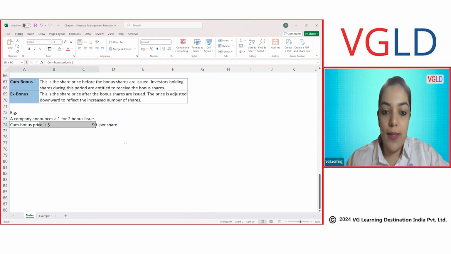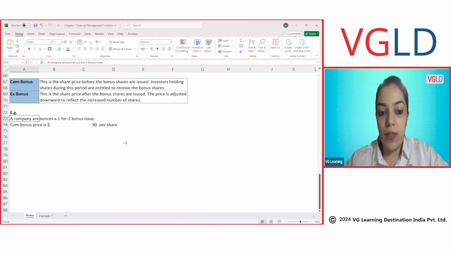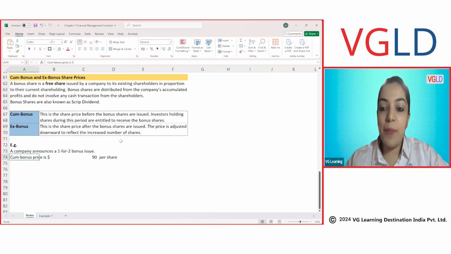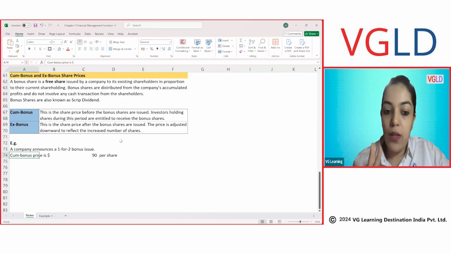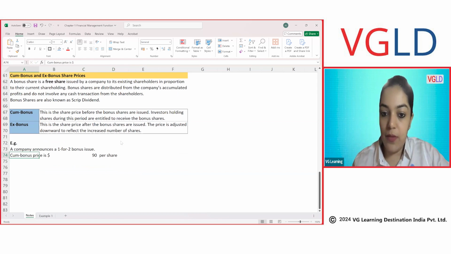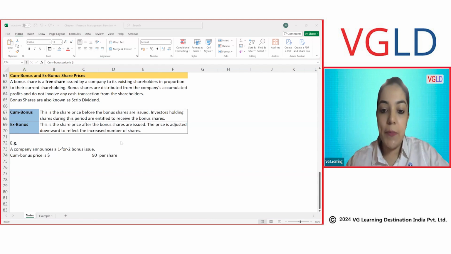So this is $90 and the company is announcing a 1-for-2 bonus share. It means that for every 2 shares held, the shareholder will get 1 free share. Absolutely right, Anil.